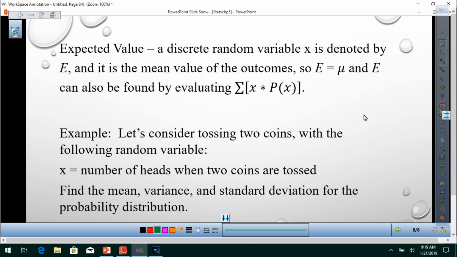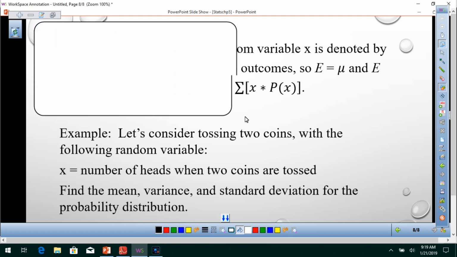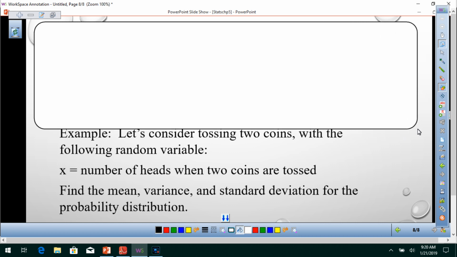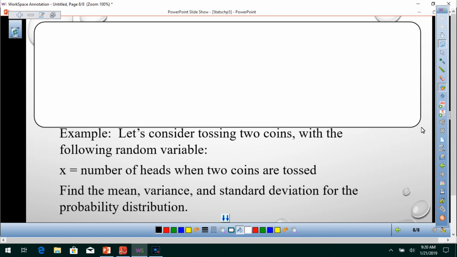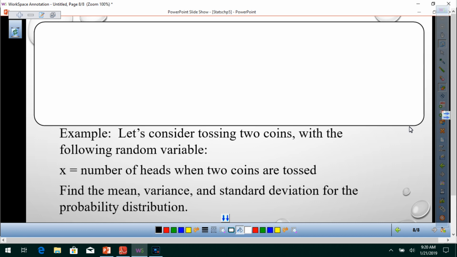All right, as an example of that, let's consider tossing 2 coins with the following random variable. X equals the number of heads when 2 coins are tossed. We want to find the mean, the variance, and the standard deviation for the probability distribution.